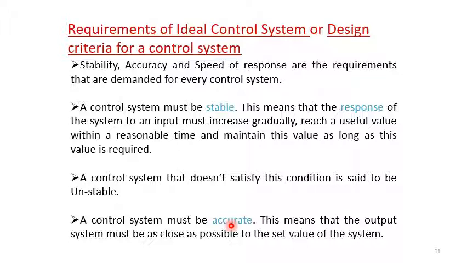It means the output must be recorded at 300 RPM for a long duration of time, and there should not be any possible variation of the output value. If there is always a variation in the output value from the set value, then we call the system not accurate. And if stability and accuracy are reached within a short duration of time, then we call the system quick responding. So it has a quick response.